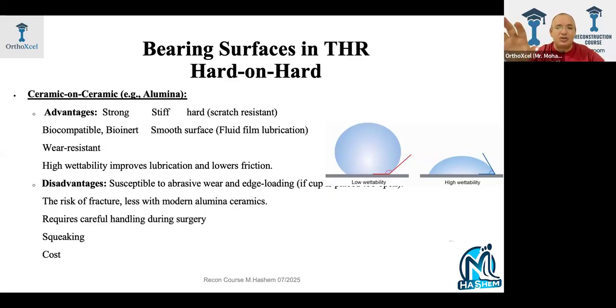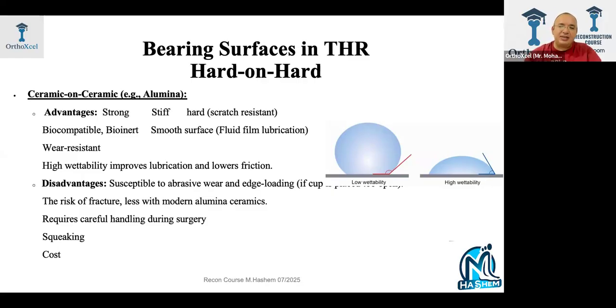They try to reduce this now with a lot of modification in the way of manufacture, and the new fourth generation of ceramic, which is the aluminum ceramics, has come with good resistance to fracture. It definitely needs very careful handling during surgery, because as I explained, it's very stiff, so if it has any trauma or injury, it will easily fracture.